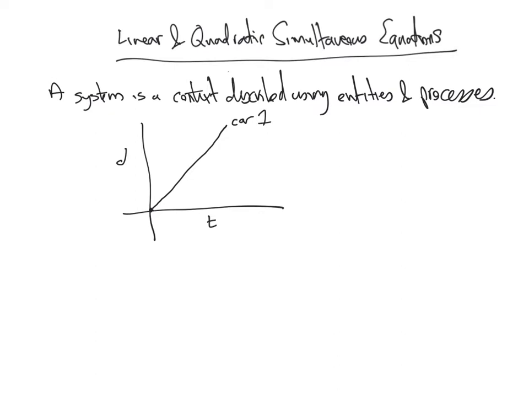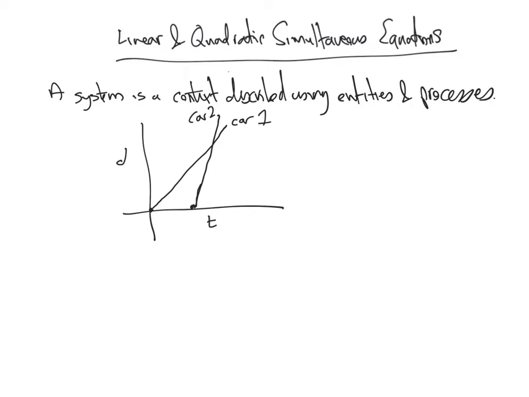And then car 2 might set off slightly later, but it might be going slightly faster, which would be shown by a steeper line. That's car 2. So this is our system already. We've described two cars driving in relation to the distance from the same point and the time that they took from the time car 1 starts.